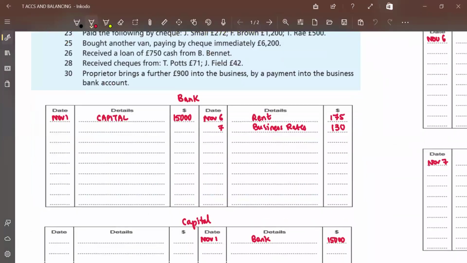So on the credit side of your bank, you're going to write down J Small, $272. And then you have F Brown, that is $1,200. And for T Ray, it is $500. Now, this was on the 23rd of November, right?